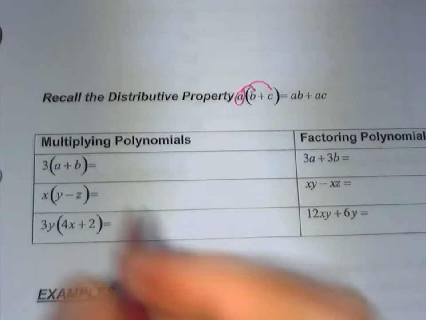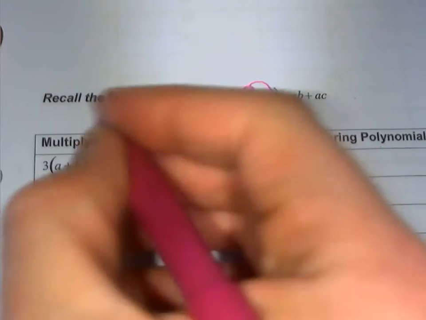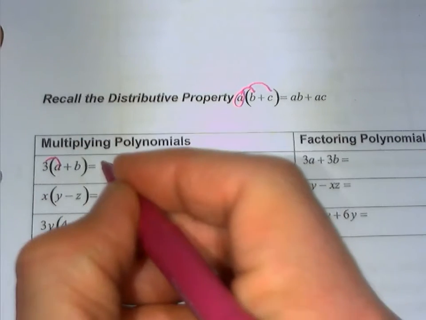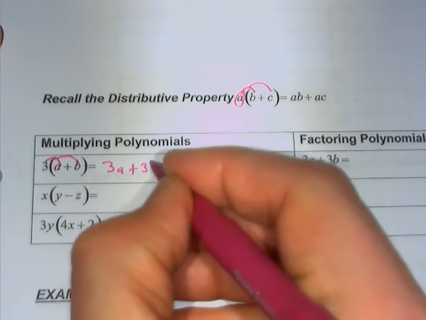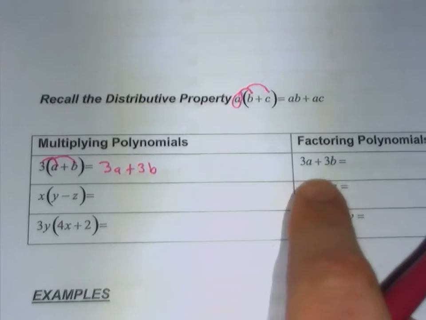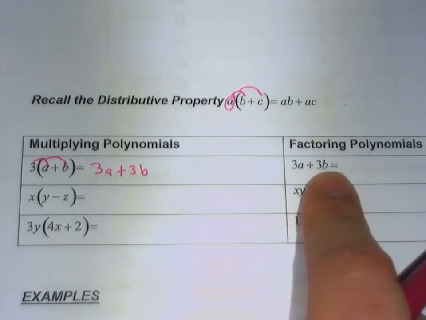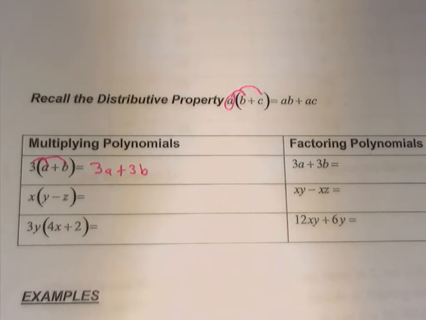So when we look at this polynomial, I'm taking this monomial times this binomial: 3 times A, that's 3A, and 3 times B, that's plus 3B. Well, now we're going to go backwards. We're going to look at 3A plus 3B, and we say, what's the GCF of 3A and 3B? What do they have in common?